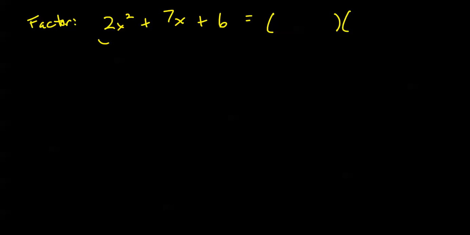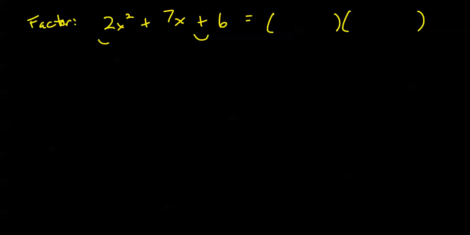Alright, in all the examples we've talked about so far, I've had a lead coefficient of 1. Well, what about when the lead coefficient is not 1? Well, it gets a little more complicated. If I'm going to break this down as a product of two binomials, well, the previous rule that we talked about holds.